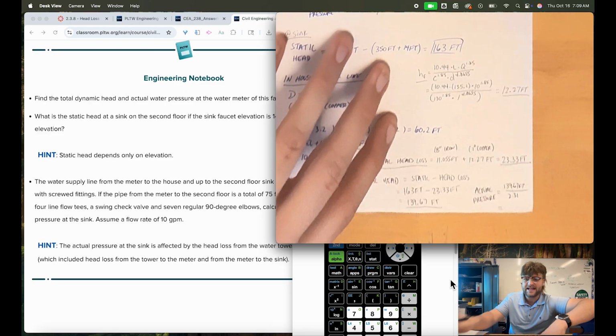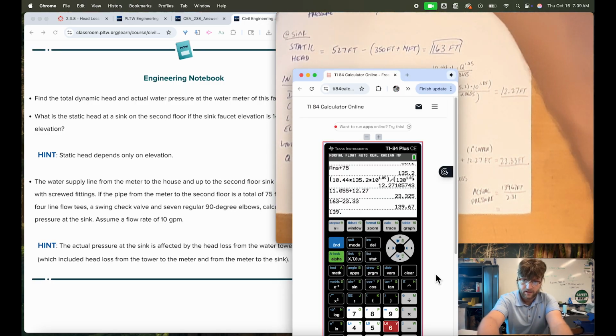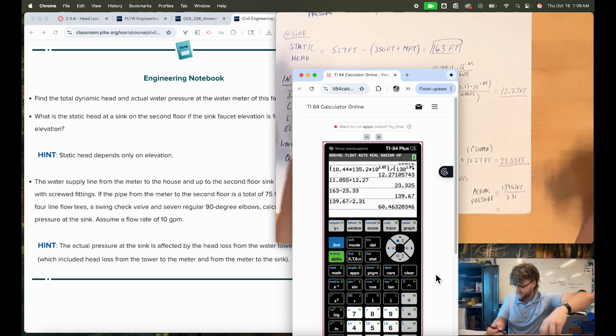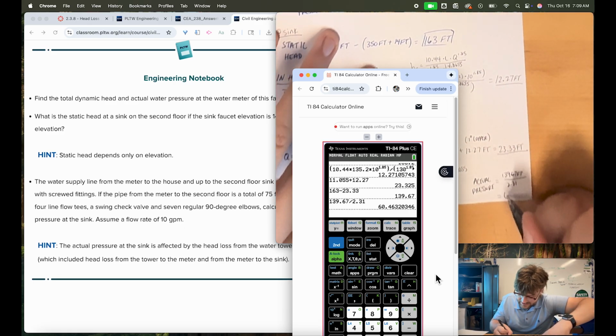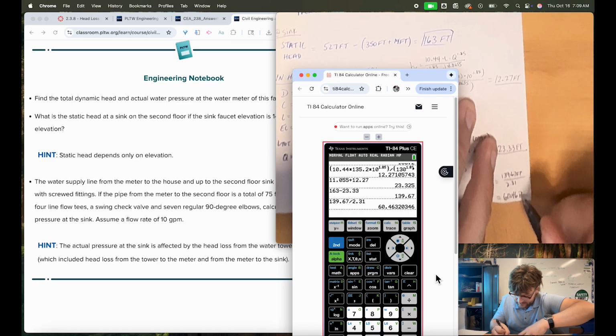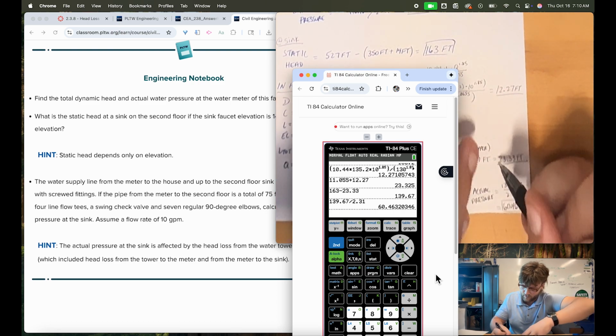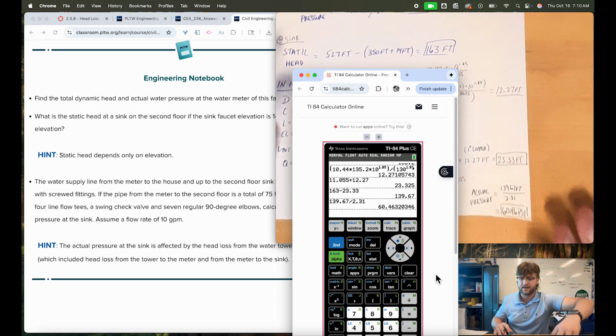Now for that actual pressure, 139.67 divided by 2.31, the actual pressure we're dealing with here is roughly 60.46 psi. So now we can go ahead and box this answer. We'll also box this answer there too.